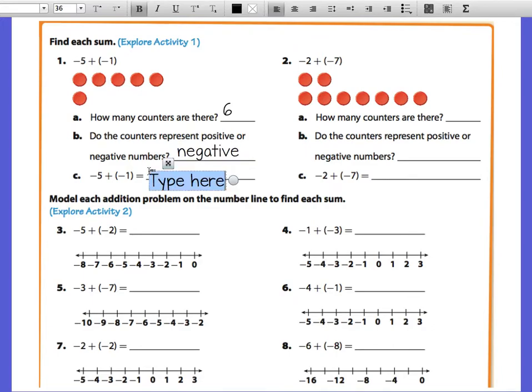So since there are 6 negative counters, my sum is -6. Number 2, there are 9 counters. They're both red, so they represent negative numbers. And so I know my answer is -9.